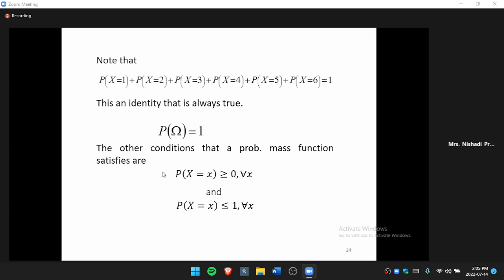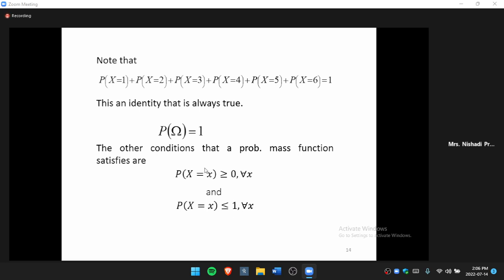Therefore, the probability of the random variable x is always greater than or equal to 0, because it can be equal to 0, and it is less than or equal to 1, because it can be equal to 1.